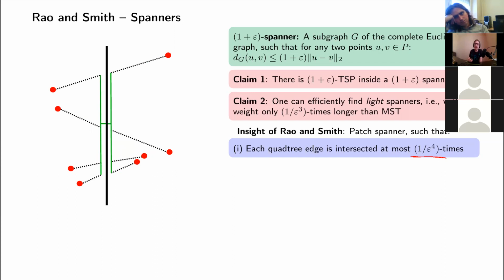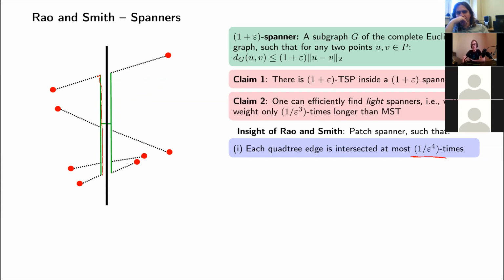So the idea behind this patching procedure is basically: if the spanner is crossing the quad tree edge fewer than 1 over epsilon to the 4 times, you don't have to do anything. And if it crosses more than 1 over epsilon to the 4 times, you can basically apply the patching lemma of Arora on the spanner and make it cross only once.